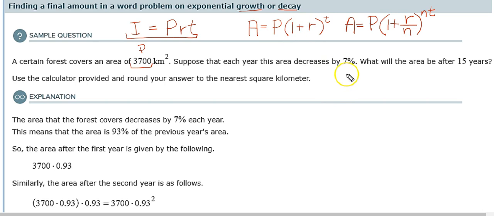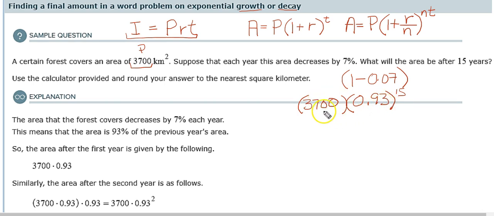Now, since this is a decrease, it's going to be 1 minus this 7% here. So when we do this calculation, what we end up with in the parenthesis is 0.93. Now raise to the 15th power, and then in a sense we're timing it by the 3700.